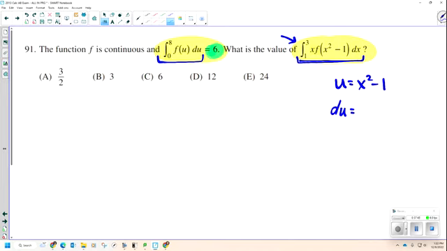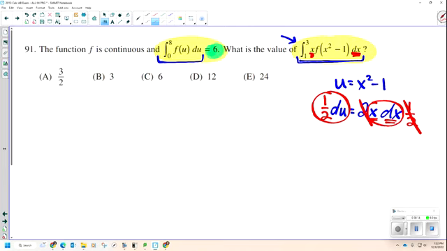So du is 2x dx. However, I only have an x and a dx, x dx. I've got to get rid of this 2 on the right side. So I'm going to multiply by a half and multiply this side by a half. So 1/2 du is going to go in for x dx.